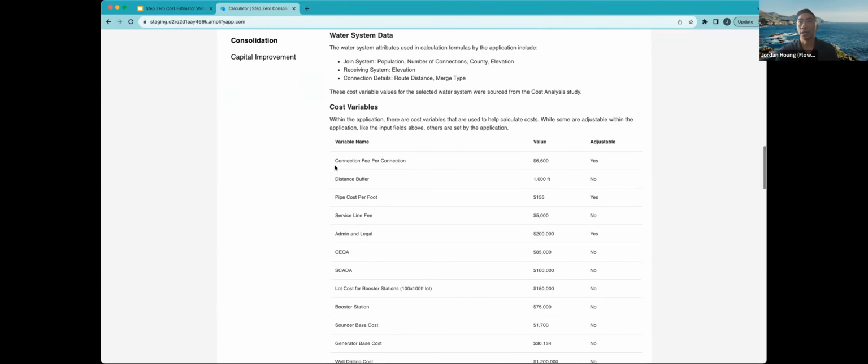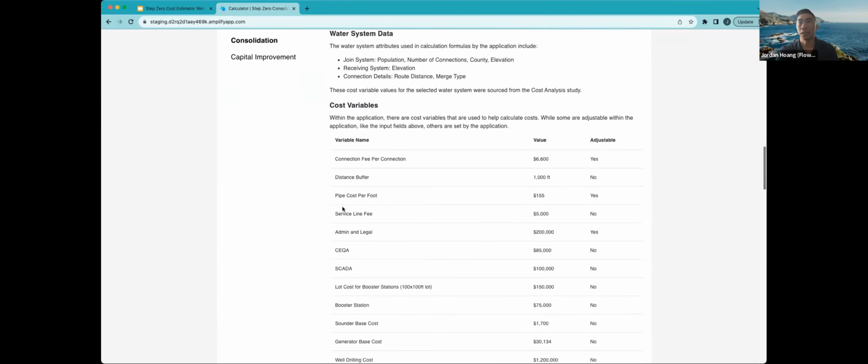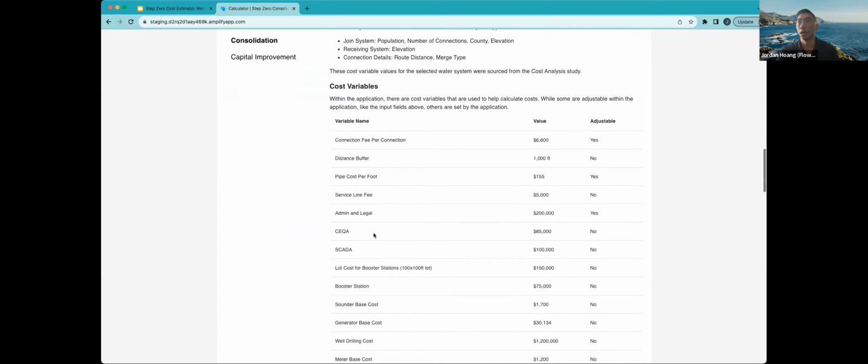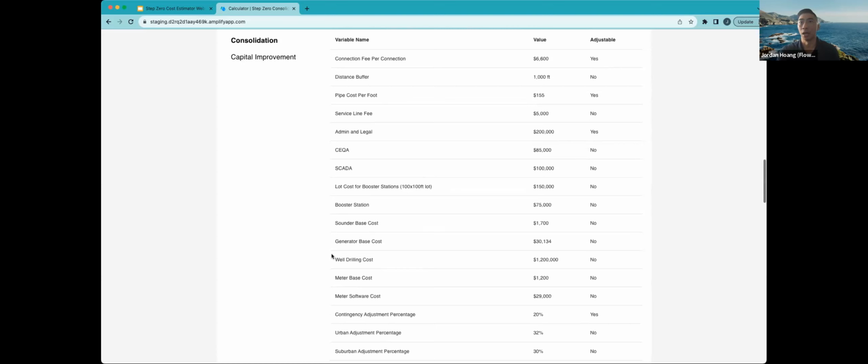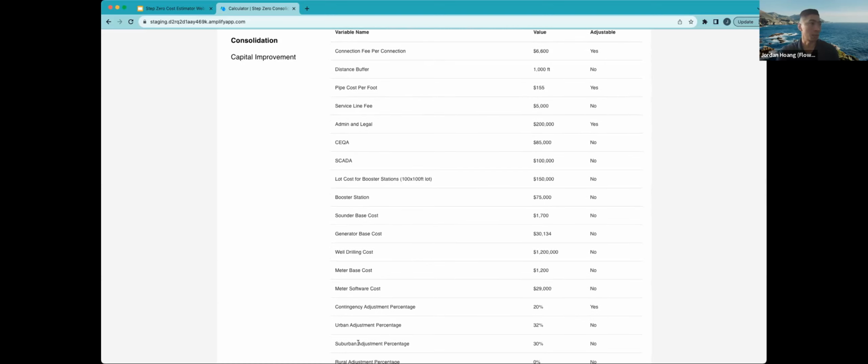This one is all the behind the scenes cost variables that are either adjustable to the user, so this was one of the fields with an input slider, and then some of these are going to be behind the scenes, non-adjustable ones for some of the adjustments like elevation or the regional adjustment percentages.